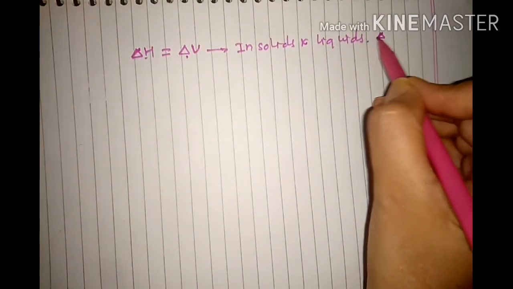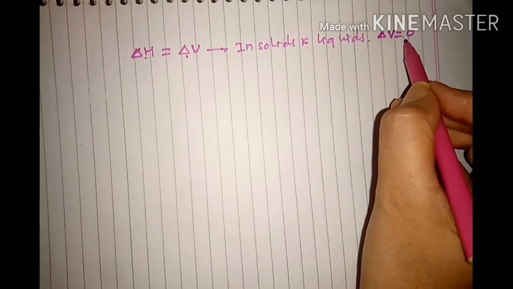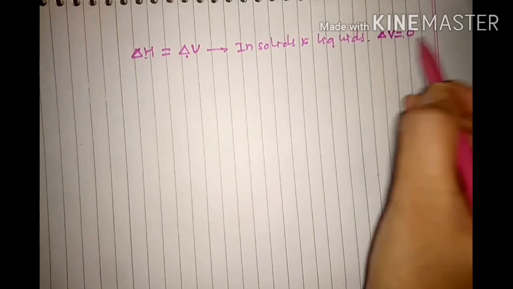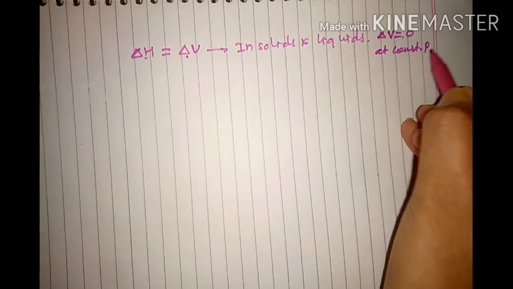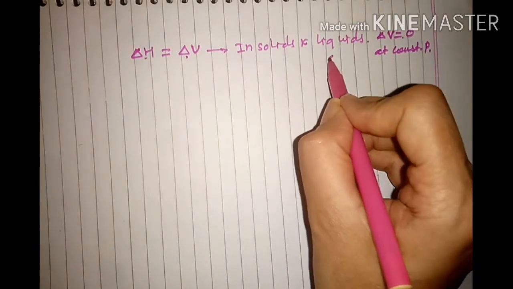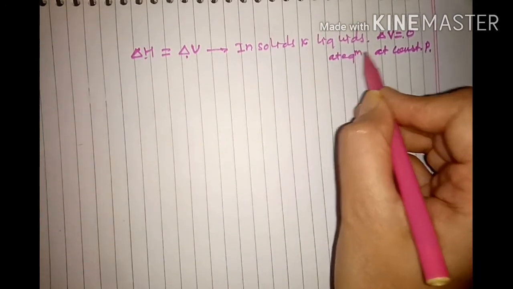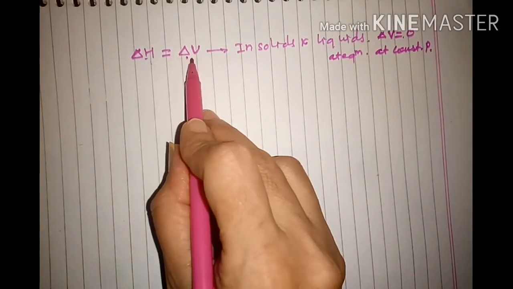When delta V equals 0, when there is no volume change, and at constant pressure also. So don't forget the conditions. Conditions are very, very important here. So at constant pressure, that means at thermodynamic equilibrium also, delta H would be equal to delta U.